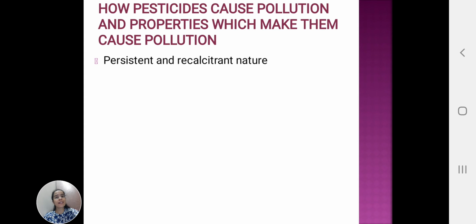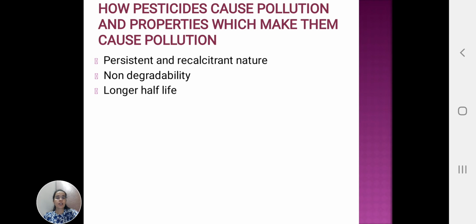They do not degrade very easily, and thus they are persistent. They exist in the environment for a longer time, and they are quite resistant to degradation. The second point is their non-degradability, which makes them exist in the environment for a longer period of time and thus causing hazardous effects.